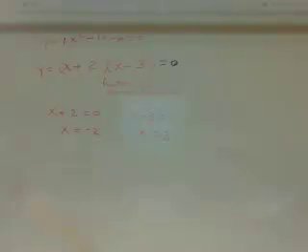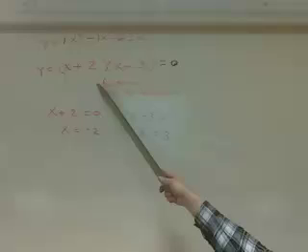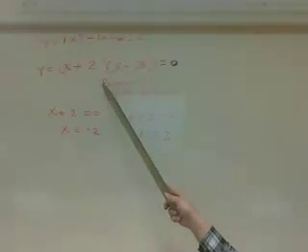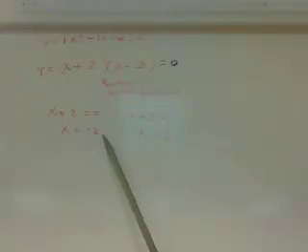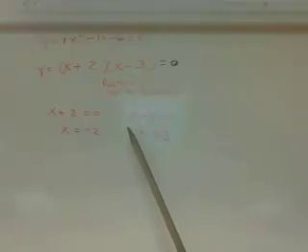Or if the factors happen to be integers, we can factor the equation, set them equal to 0, and solve them. Obviously this is shorter, but it only works if the factors are integers. The quadratic equation works for all equations, and that's the one that we want to concentrate on.